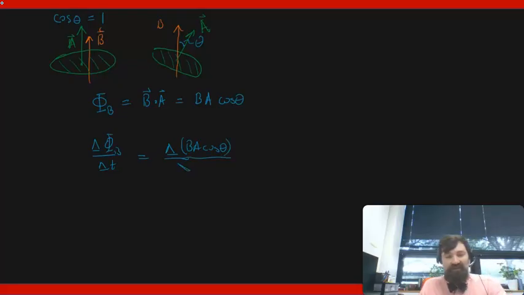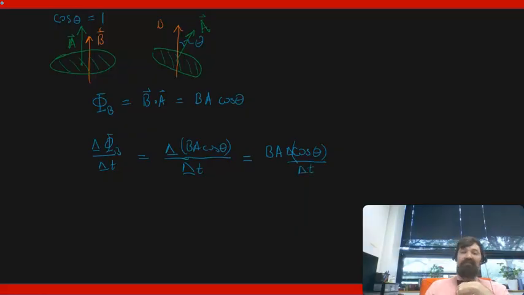Now, since B and A in this case are both constants, in other words, the total area enclosed by the loop and the magnetic field are both constant, I can actually pull them out of this expression, and I'm just looking at the rate change of my cosine angle theta as the thing that's driving the rate change of phi B.